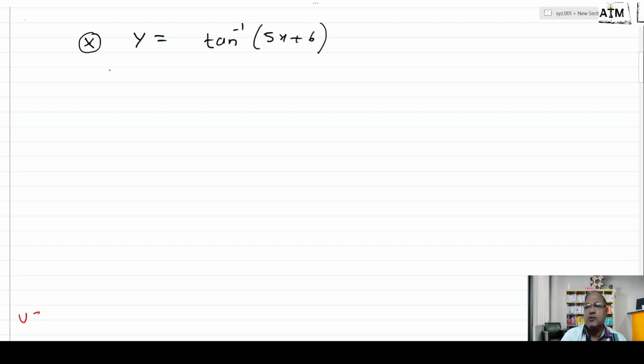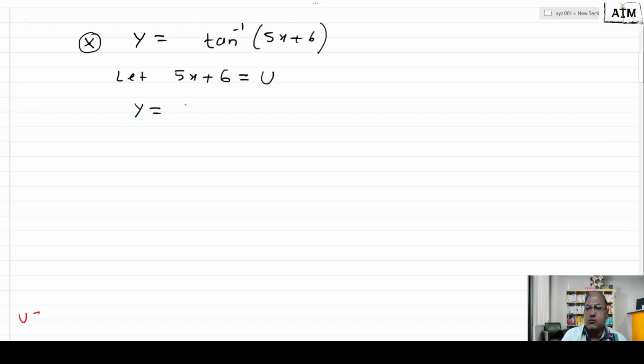Now we are going to talk about chain rule for inverse trigonometry. Example, y equals tan inverse of 5x plus 6. Then step 1, let 5x plus 6 equal u.